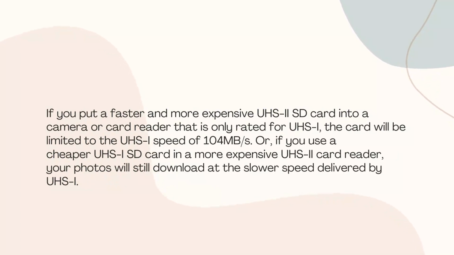If you put a faster and more expensive UHS2 SD card into a camera or card reader that is only rated for UHS1, the card will be limited to the UHS1 speed of 104 megabytes per second. Or if you use a cheaper UHS1 SD card and a more expensive UHS2 card reader, your photos will still download at the slower speed delivered by UHS1.